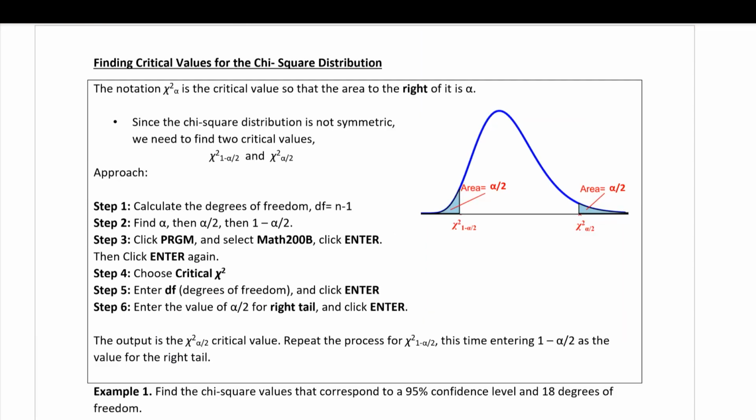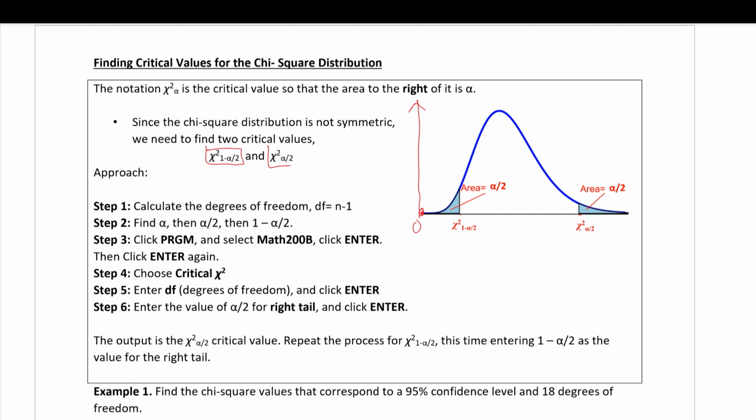So just like for the z distribution and the t distribution, we need to find critical values. And the critical values for a chi-squared distribution are found in this fashion. Now we have this horizontal axis here. We also have a vertical axis, as you saw on the previous page. Again, this starts at 0 there. And now the two critical values that we're looking for are these two.